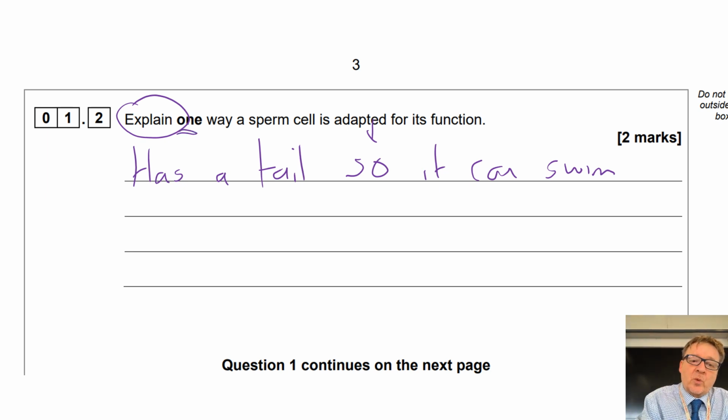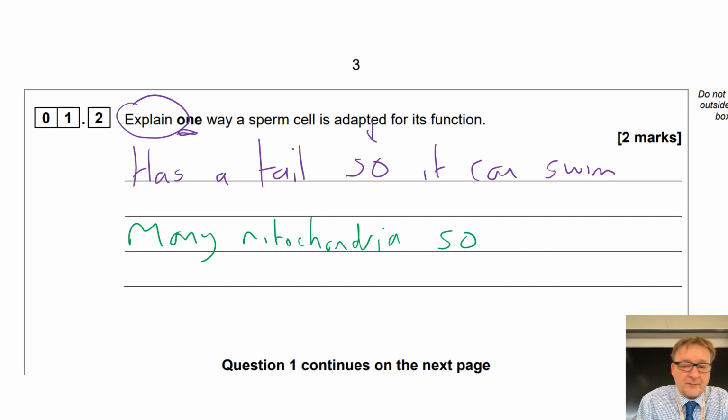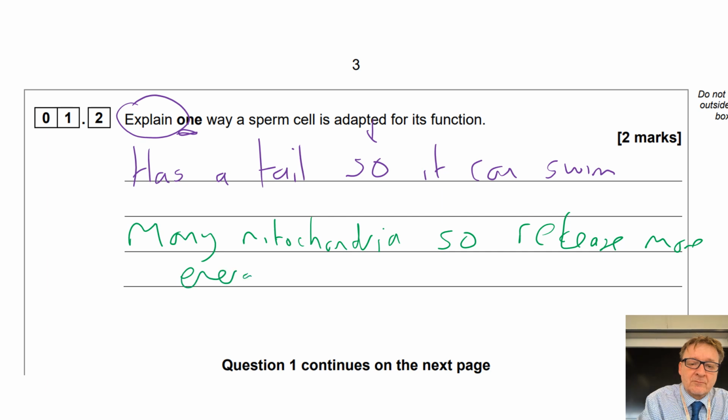Now it only says one example, but what I could do is say it has many mitochondria, so it can release more energy from respiration.